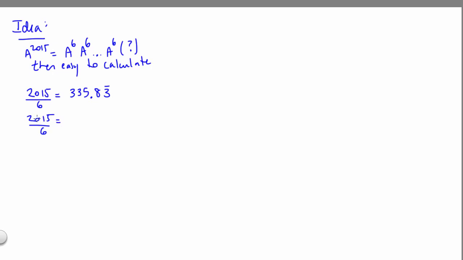It might be a little bit nicer to write 2015 over 6 is equal to 335 plus 0.83 repeating. And if we then go through and multiply both sides by 6, then we've got 2015 is equal to 6 times 335 plus this remainder here. If we go 6 times this expression here, we're getting 5.